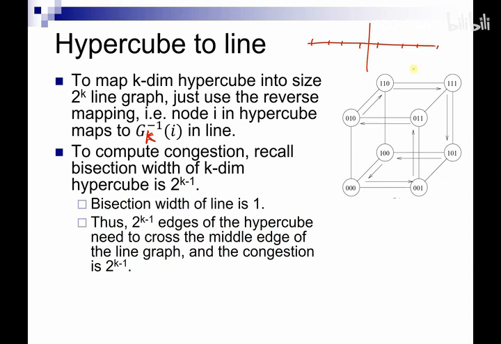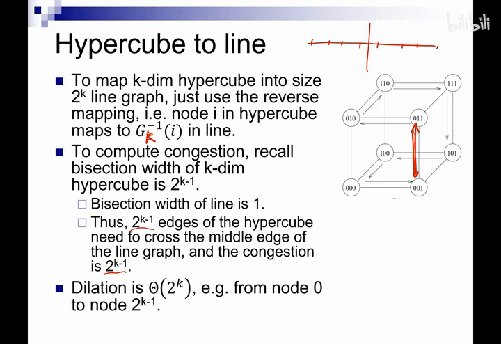So all of these messages from the top half to the bottom half have to traverse a single edge in the line graph. Therefore, the congestion is going to be 2 to the k minus 1, because you have this number of messages that need to cross from the top to the bottom, and they all need to go through this middle edge over here in the line graph.